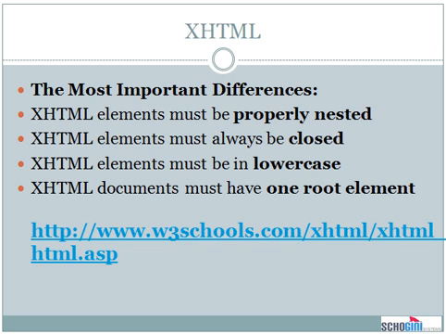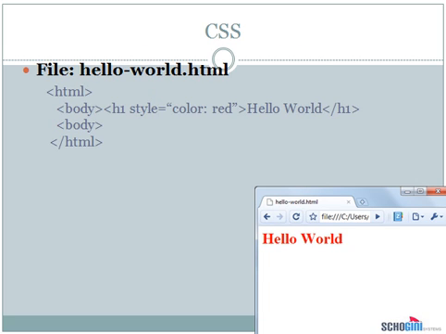XHTML is an enhanced version of HTML which has a stricter syntax and structure. Now let's look at the CSS or cascaded style sheets. In this case, the H1 tag you can see has been enhanced by adding color, style, and you can see the result in the web browser.